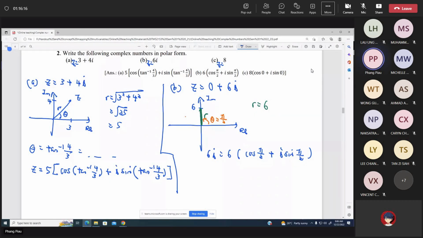And we can easily evaluate the left-hand side is equal to right-hand side. If you say that this is your 0, this value is 1, right? So you know that the right-hand side gives you 6i, which is correct, exactly tally with the left-hand side, 6i.